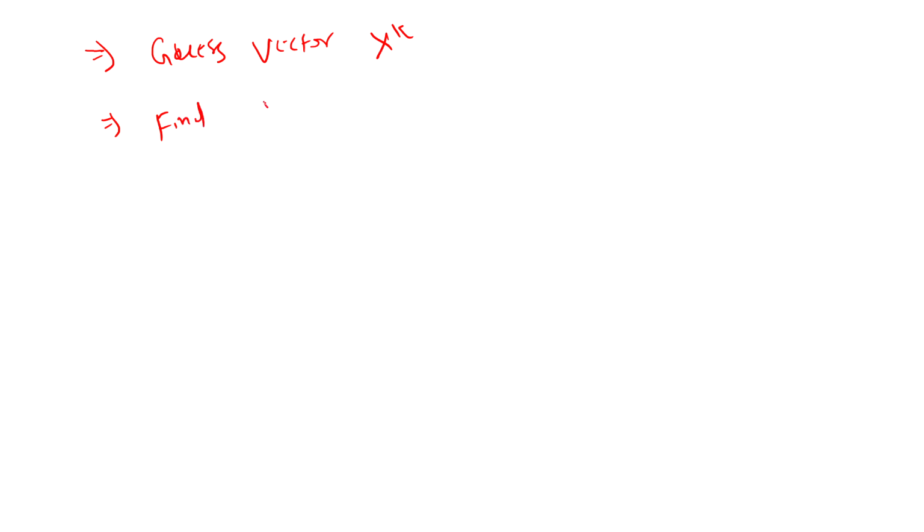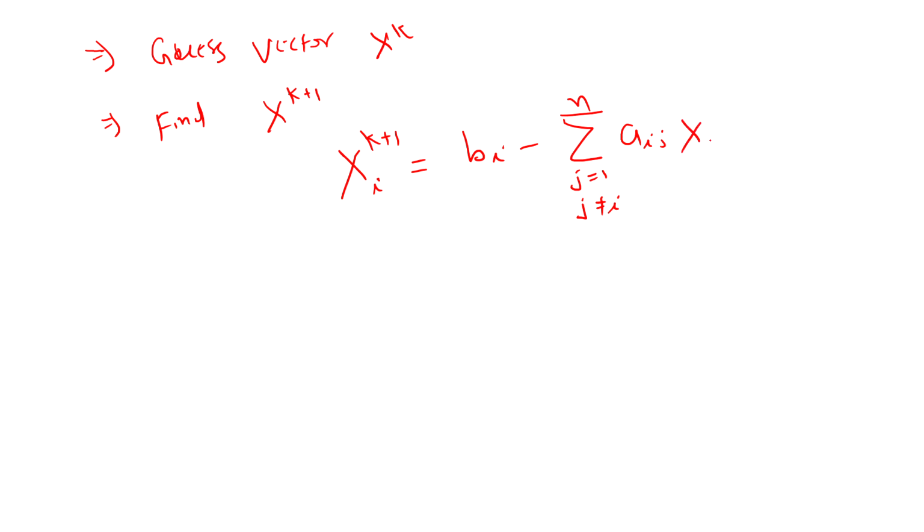Find vector x^(k+1) using x_i^(k+1) equals bi minus the summation over j from 1 to n, where j is not equal to i, of aij xj^k, the value which comes from the previous iteration, divided by aii.